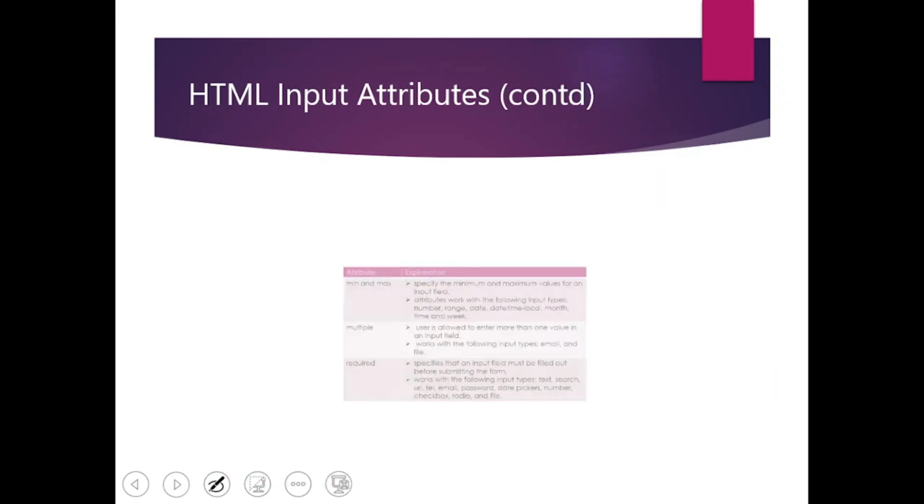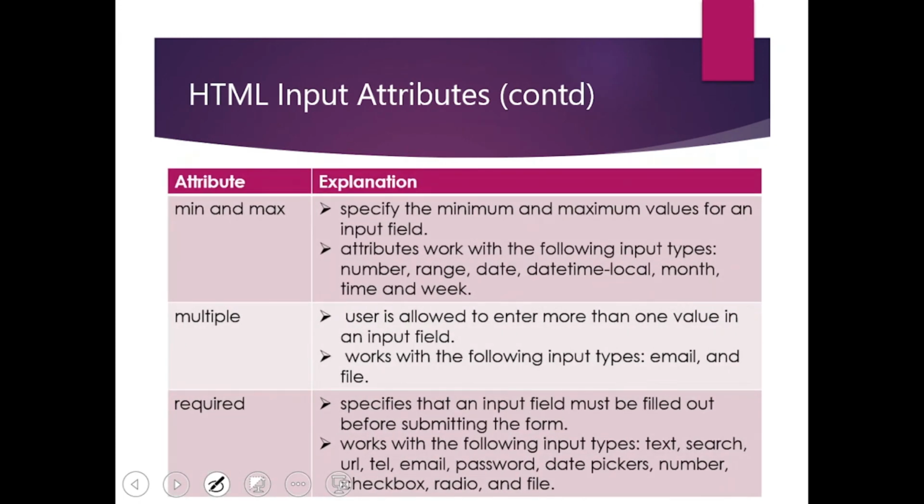Our attributes continue. So we have min and max, which specify the minimum and the maximum value for an input field. So if you have a text box where you are trying to take a number or a range where the value should go, in that case you can mention the minimum and the maximum.